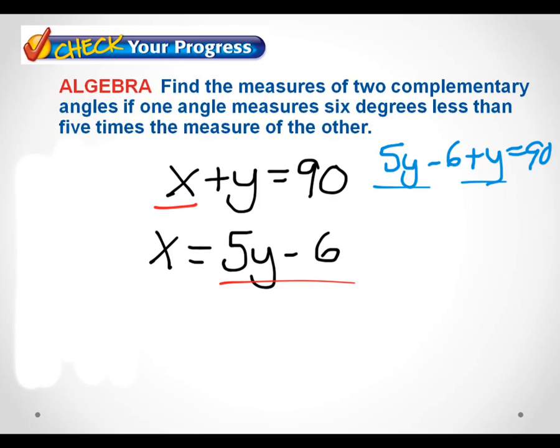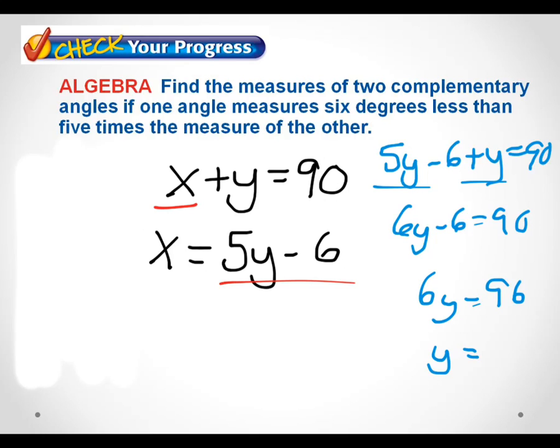Like terms, 6y minus 6 is 90. 6y is 96. So y is 16, when you divide both sides by 6 there. So one of those angles is 16 degrees.